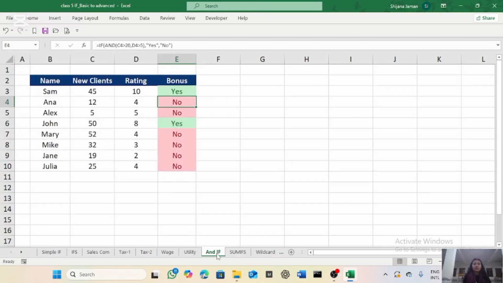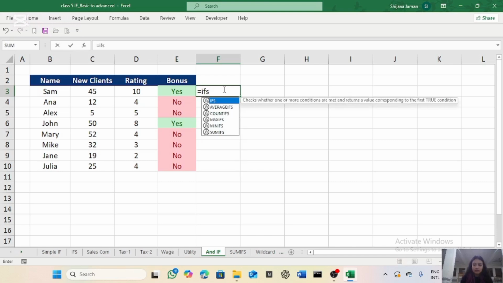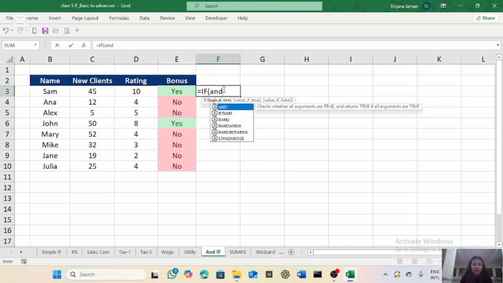Now we are calculating AND with IF. This is our new client and this is our rating, and we will calculate whether the bonus is yes or not. So equal IF, and, since there are two conditions, that's why we add AND.